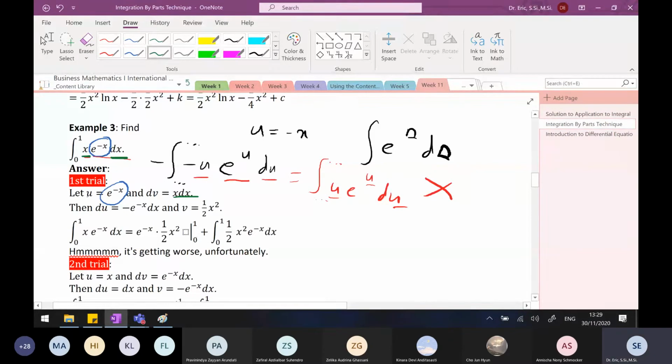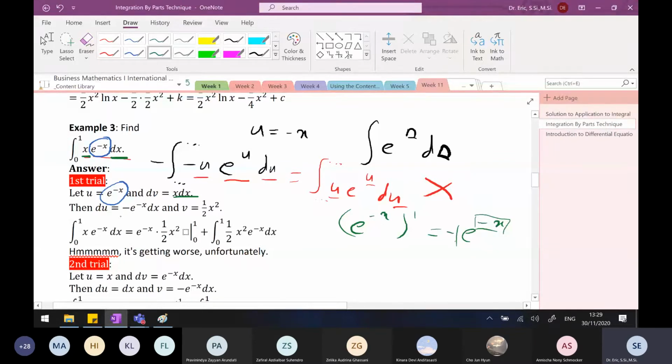You have to find the derivative, du. What is the derivative of e to the power of minus x? Don't forget the chain rule: you have to find the derivative of minus x with respect to x, that is minus 1.